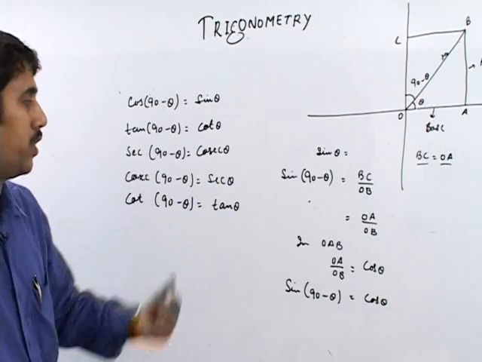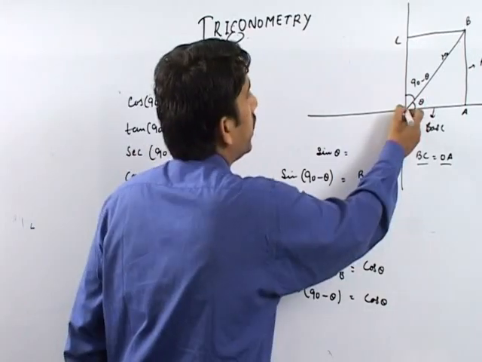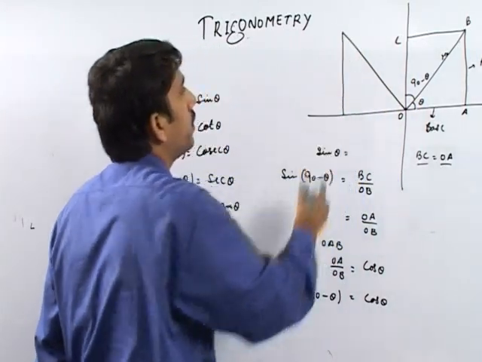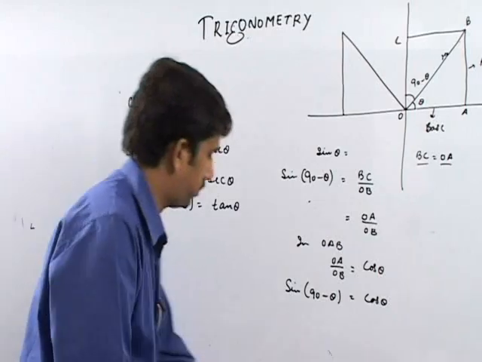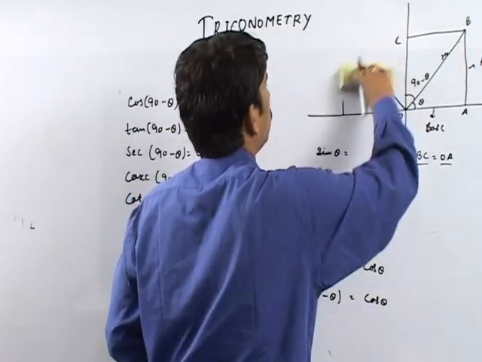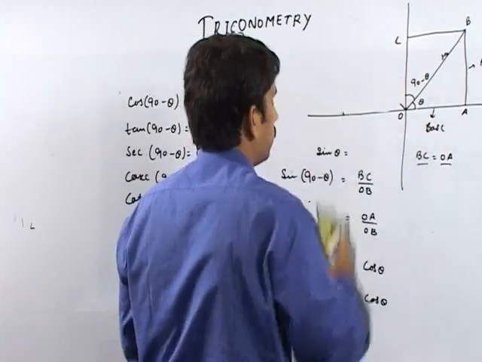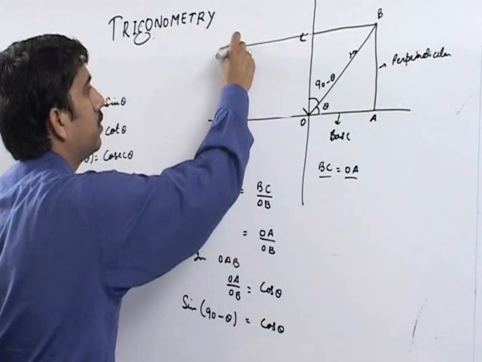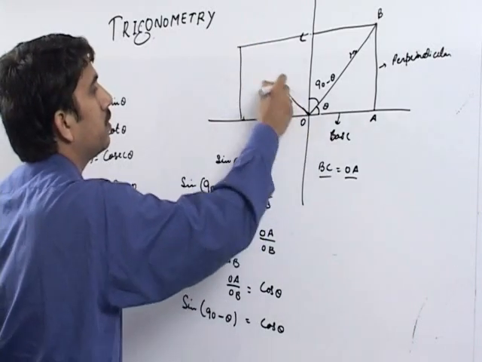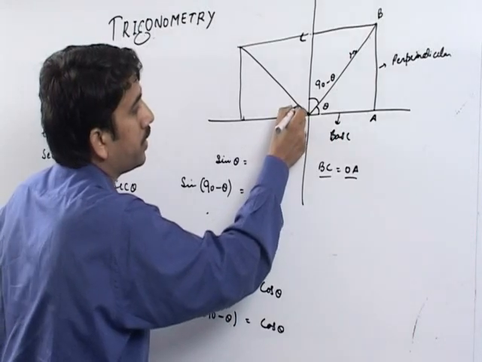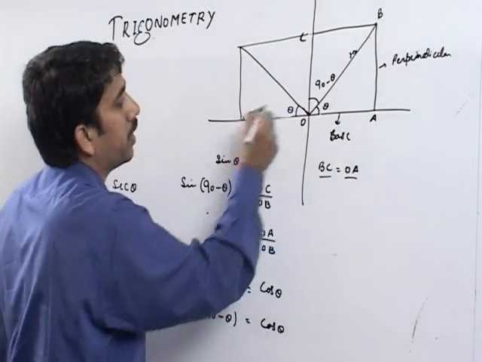But if you do the same thing in the second quadrant, for 90 plus theta, let this angle be theta.